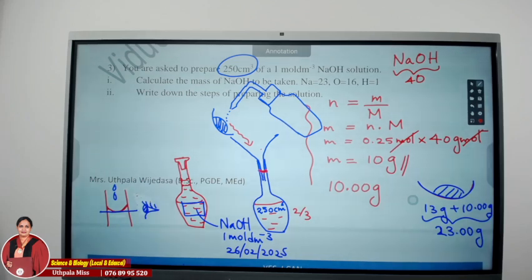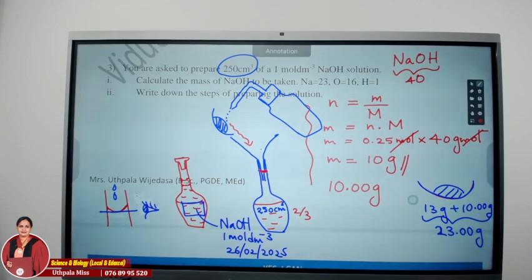Measure 10.00 grams of sodium hydroxide accurately onto a watch glass using a 4-beam balance or the chemical balance. That is the first step.